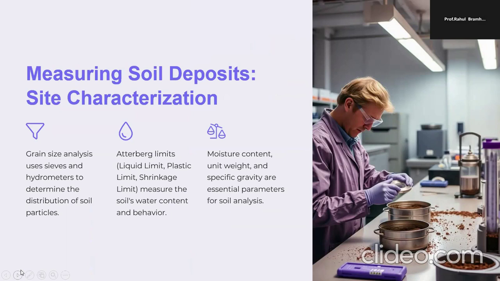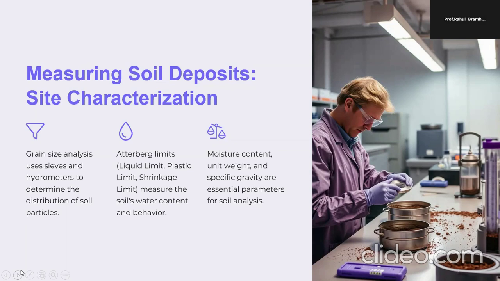Firstly, we studied what soil exploration methods are used in geotechnical engineering. Then in the next slide, we see that there are three main components or parts into which finding the properties of soil is divided.